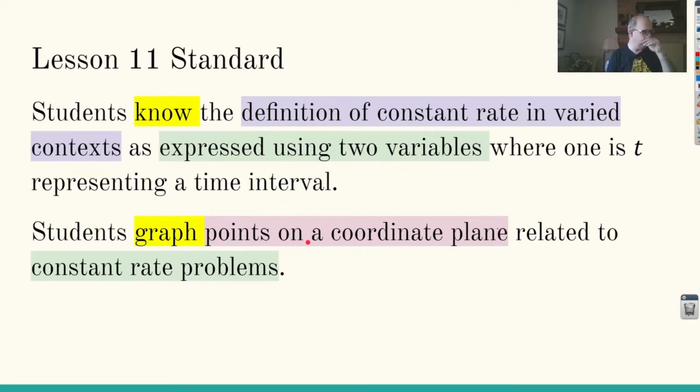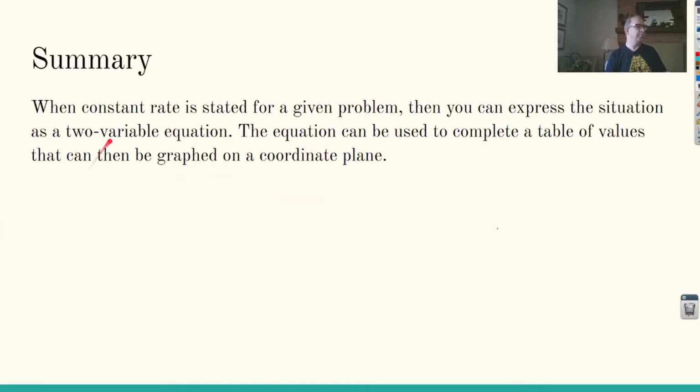So we can graph these on a coordinate plane and relate it to constant rate problems. Relate it to proportions is what they're saying. So if I graph all of these, they will always be a straight line. So let's take a look. If a constant rate is stated for a given problem, then you can express the situation as a two-variable equation. The equation can be used to complete a table of values that can be graphed on a coordinate plane.